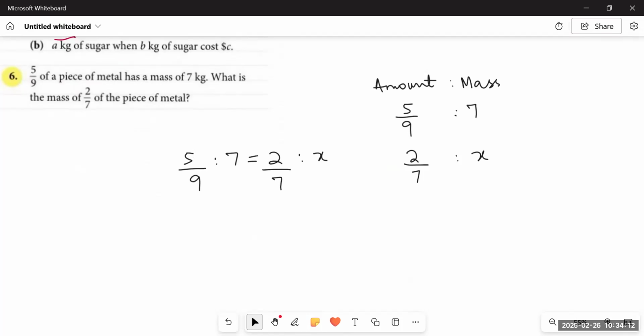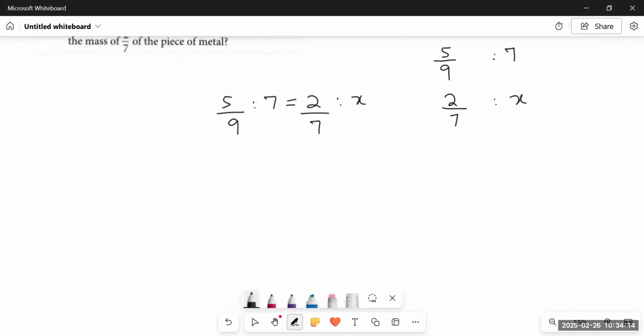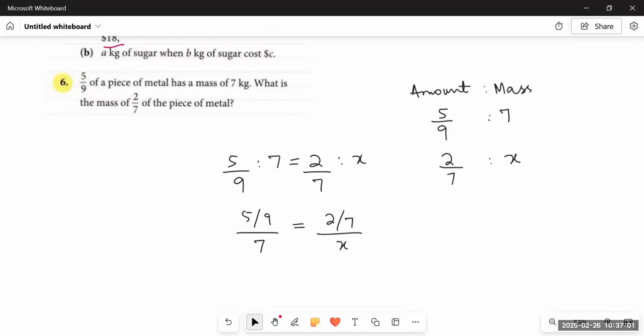What to do next? We have to write it down like this: 5 upon 9 upon 7 is equal to 2 upon 7 upon x. Students, you can do one more thing over here.